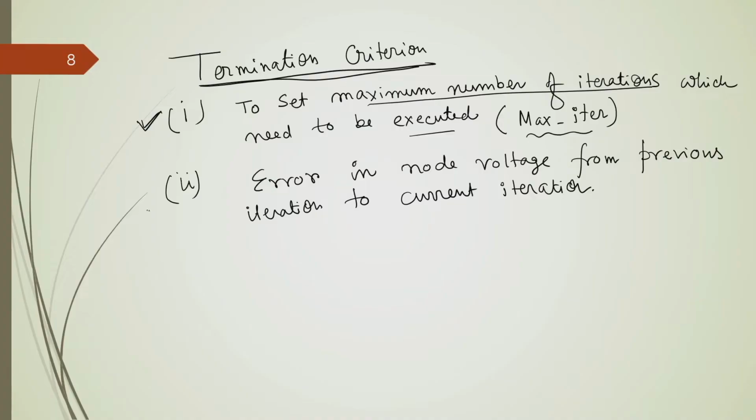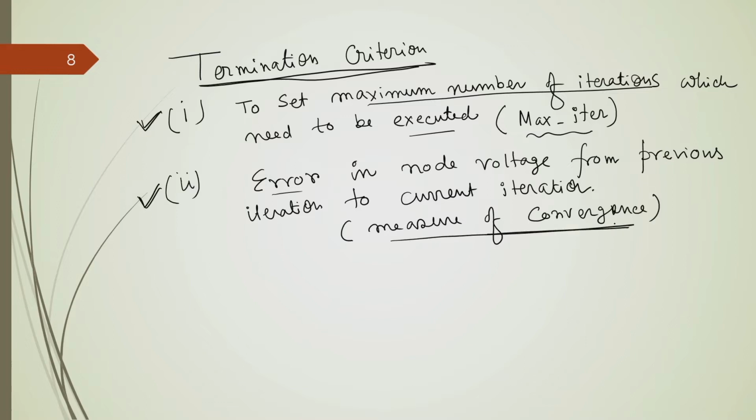That is why the second termination criterion is very important. This is a measure of convergence. If you achieve convergence much before we reach the maximum iteration, we can terminate the program.